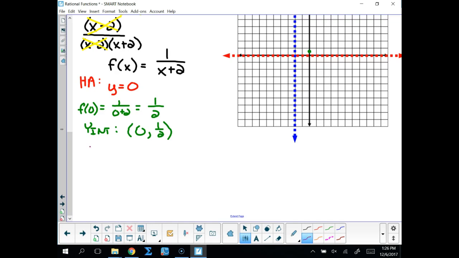X-intercept. Numerator equals 0. Did that happen? So do I have an x-intercept?